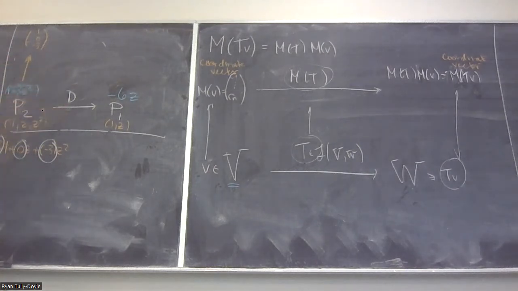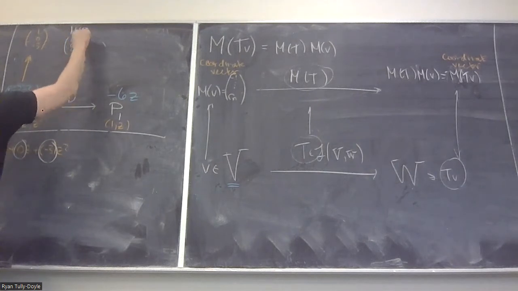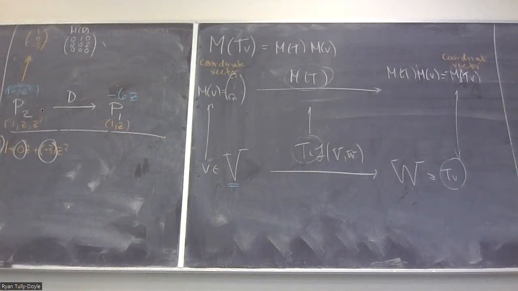And the D operator turns into the matrix of D, which is equal to 0, 1, 0, 0, 0, 2, with respect to this particular basis.